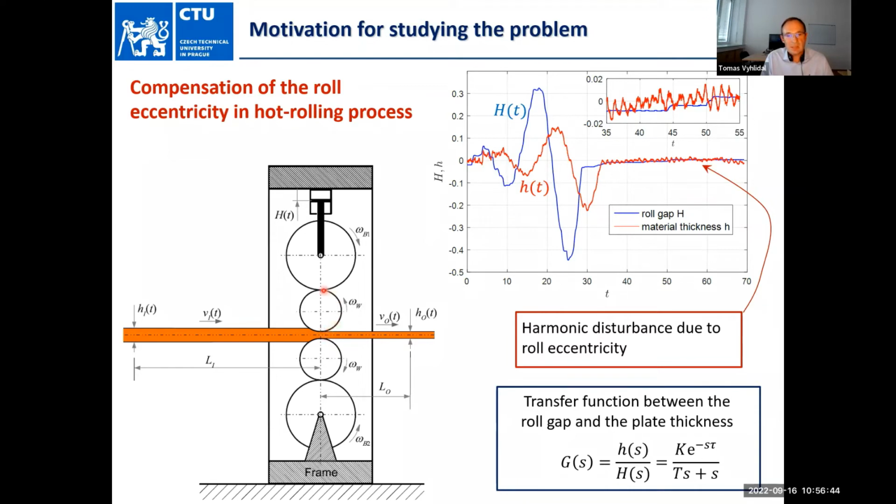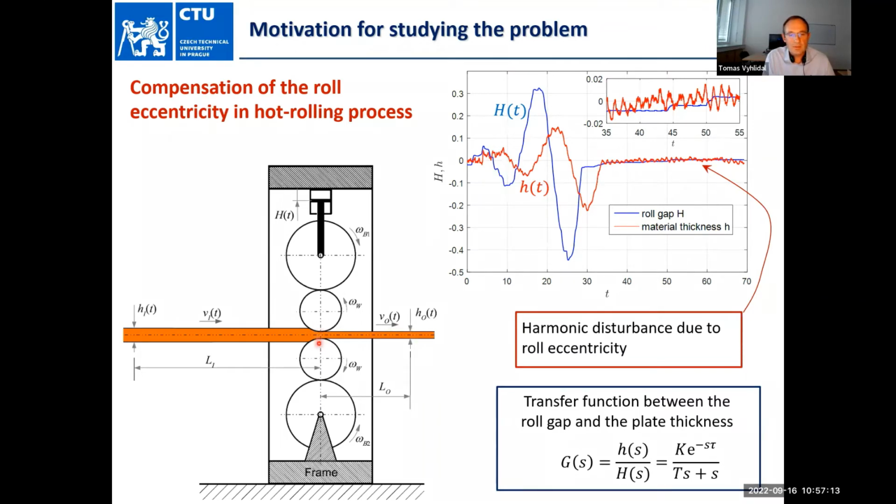Sometimes it happens that we have some unbalanced housing of these rolls, or their shape is not circular, it's elliptic. As a consequence, we have the roll eccentricity, which is projected to the wavy surface of the plate, which needs to be compensated.